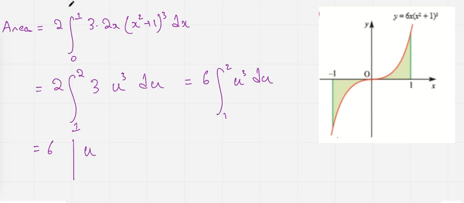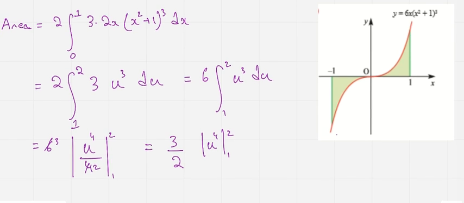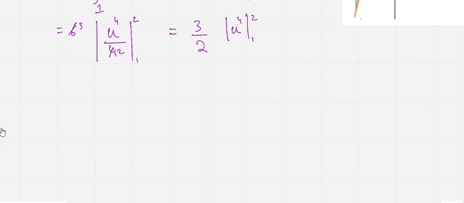So it's going to be u to the 4 upon 4. Now I'm going to get a little direct. I'm not going to show each and everything in the working in the place of my indices. I hope you cooperate with that. I just cancel this 4 with this 6, which gives 3 by 2. So I write 3 by 2 outside, and then over here I apply my theorem for the definite integrals.